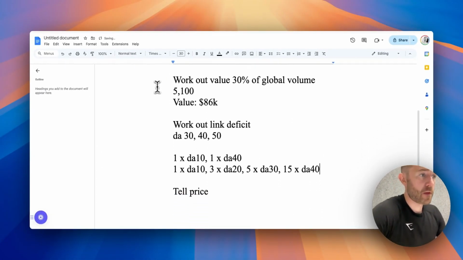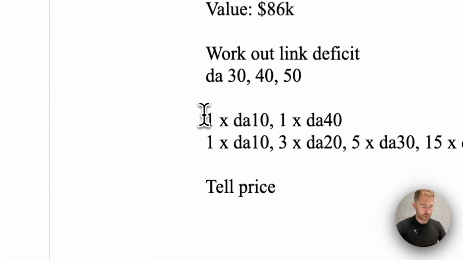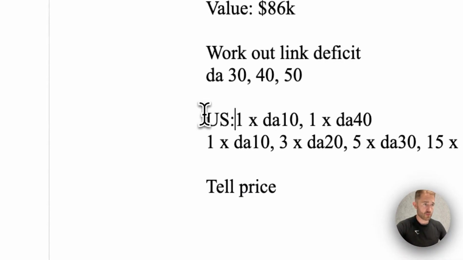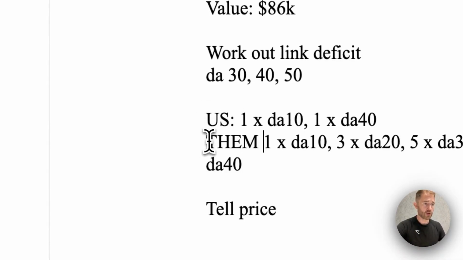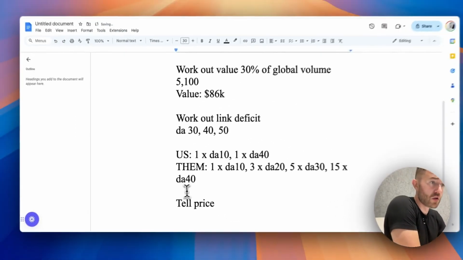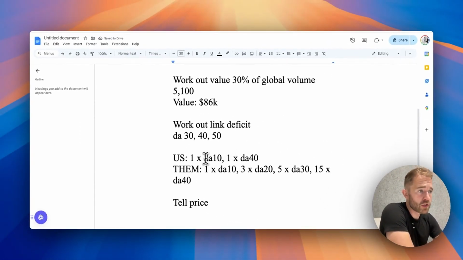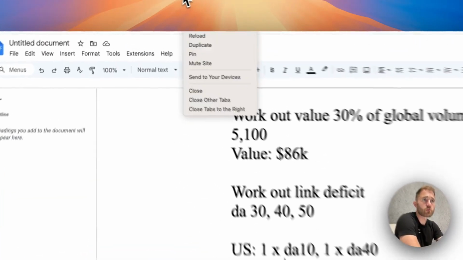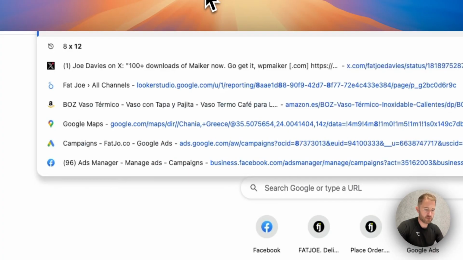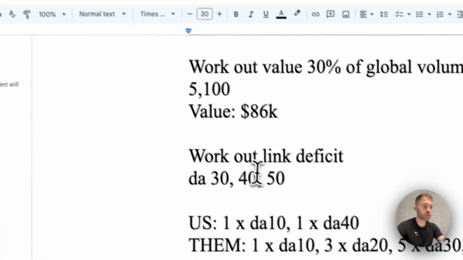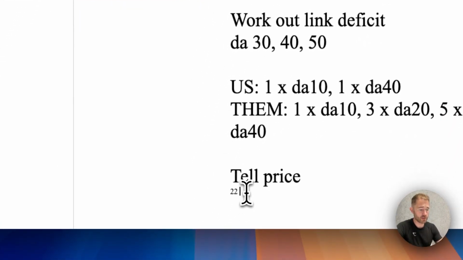Now, what we want to do is look at the difference here. So what we're going to need is 3, 5, 6, 7, 8, 8 plus 14. We're going to need 22 links to compete, right?